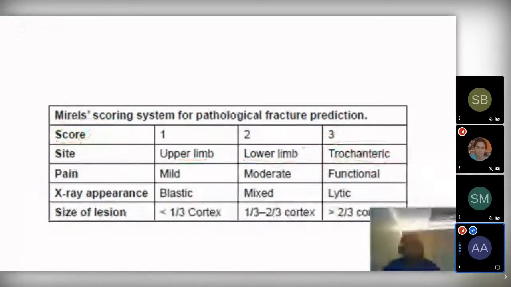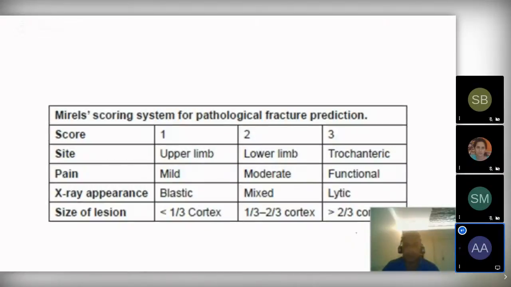Again, if there is a metastasis with severe pain or functional pain, there can be a high chance of pathological fracture. You look at the X-ray. If there is a blastic lesion in CA prostate, or a lytic lesion in CA bronchus or renal cell carcinoma, lytic means it is already weak, chances are very high.